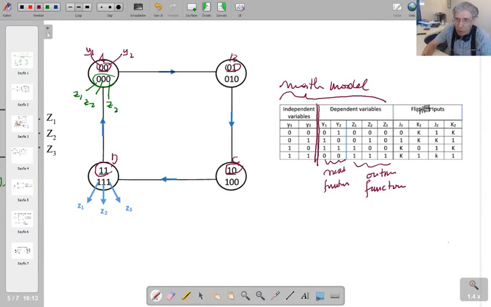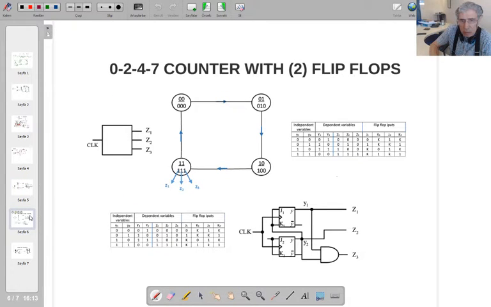So I've got two memory elements, J1, K1, J2, K2. So how am I going to determine those? I am going to use the inverse definition relation of JK memory elements and find out J1, K1. How am I going to do it? So I do it once more.